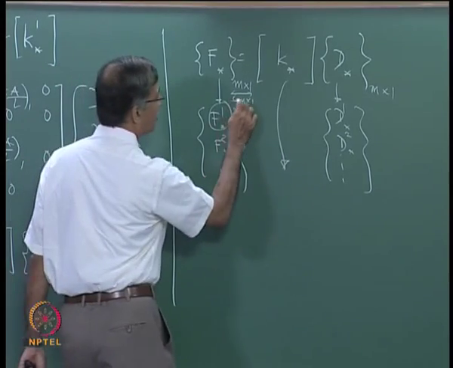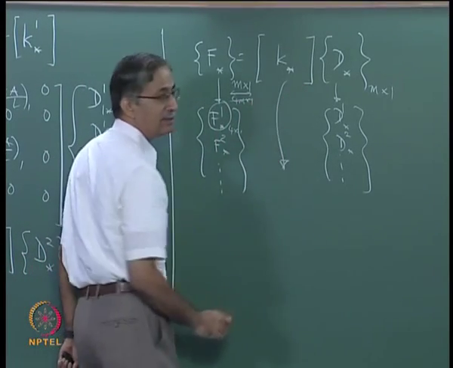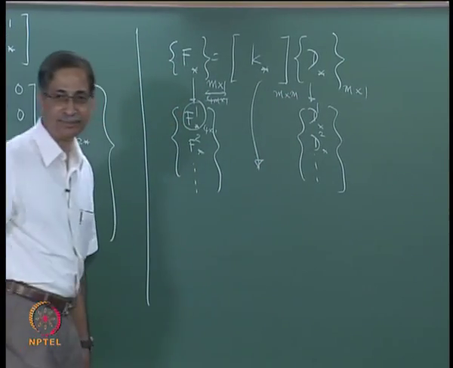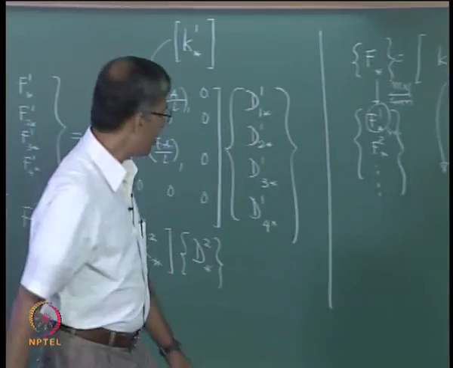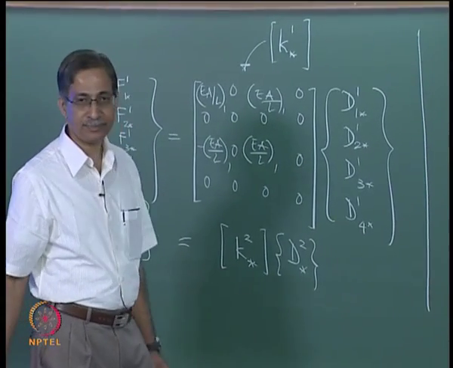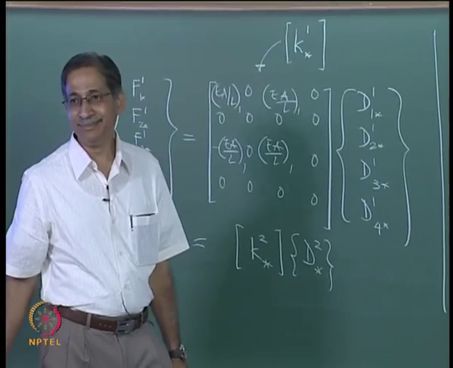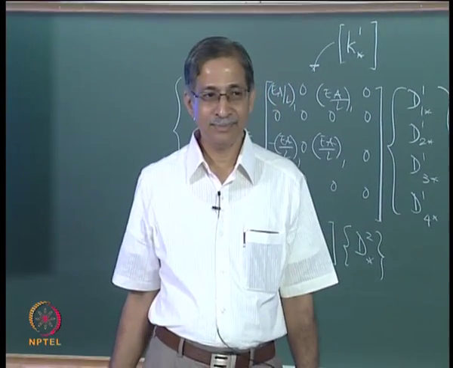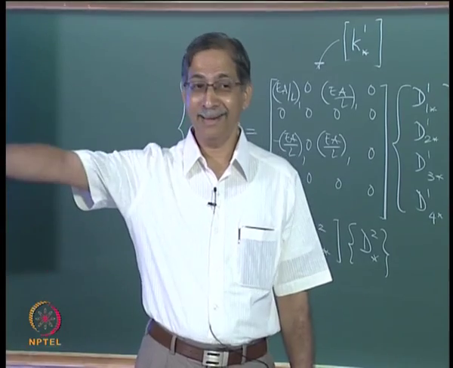What will be the size of this matrix? M by M. How will you arrange it? You've got all the individual element matrices, how will you arrange this? Put all these next to each other. No? So K1 star, K2 star, diagonals.